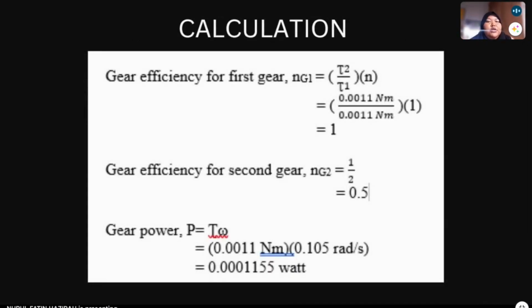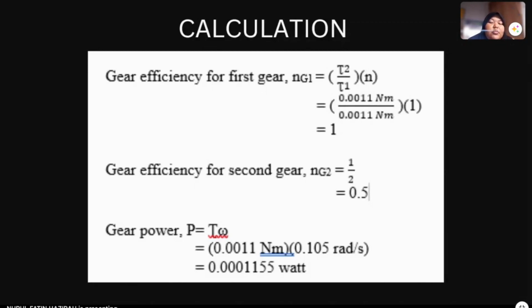The next one, we will calculate the gear efficiency for the first gear. Torque 2 per torque 1 multiplied with the gear ratio. So 0.0011 per 0.0011 multiplied with 1. The answer is 1.